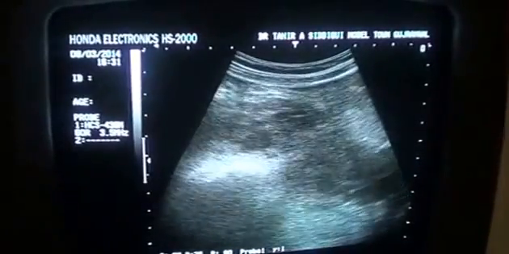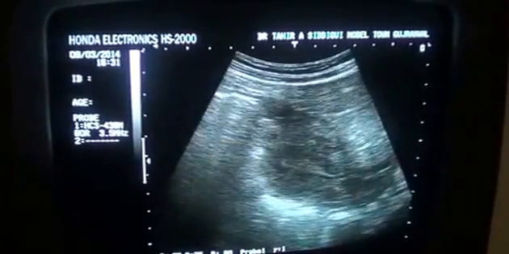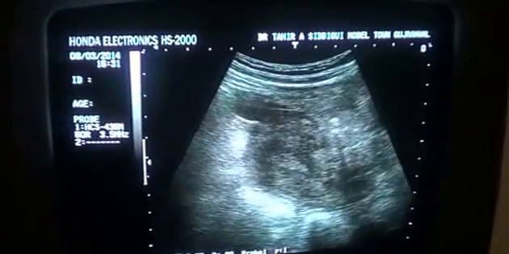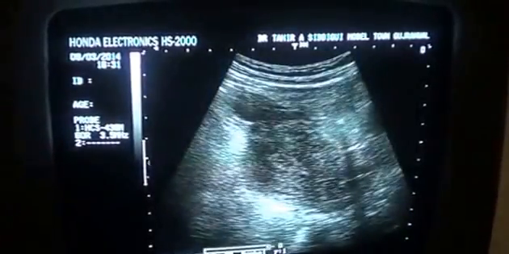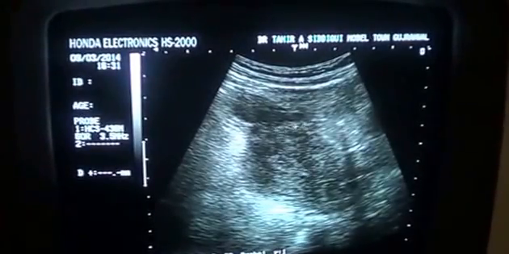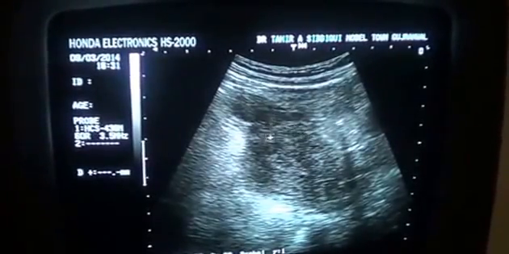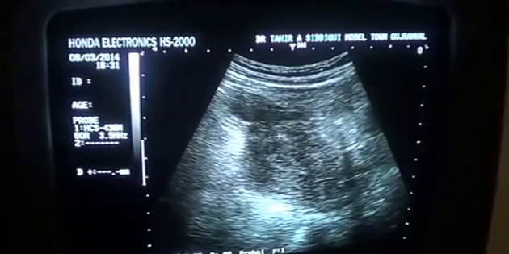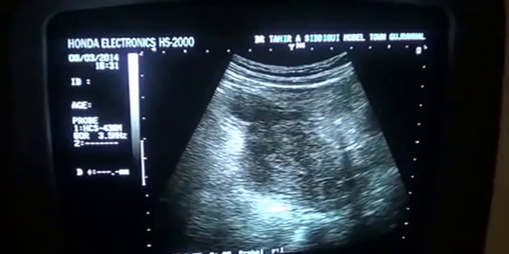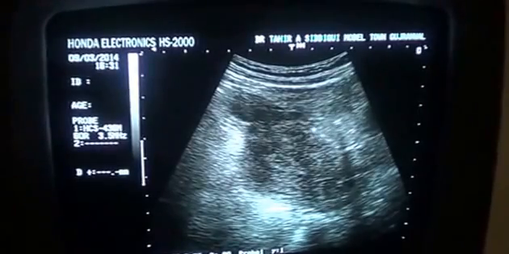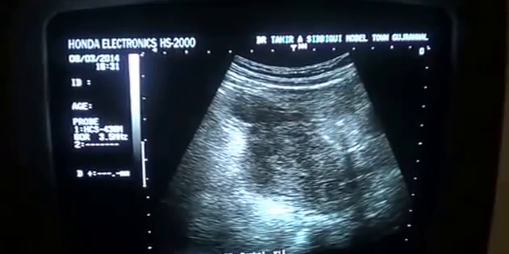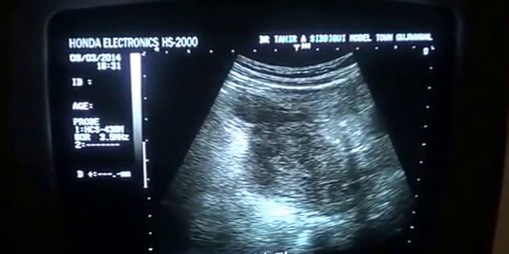The answer so far is no. Now the problem is this: this is the fundal region and this is the endometrial canal and myometrium, longitudinal section of the uterus, and you see that the fundal wall is muffled and it is not as it should be, like this wall that you are seeing.